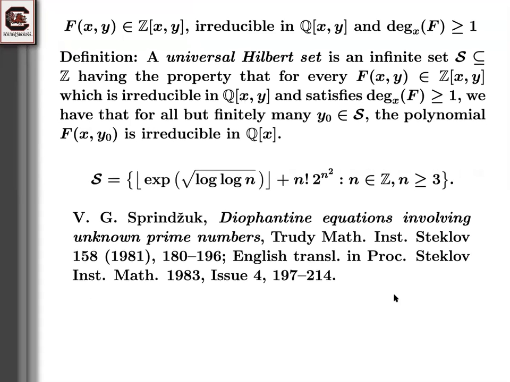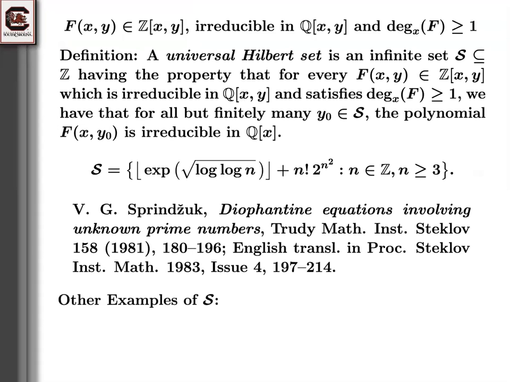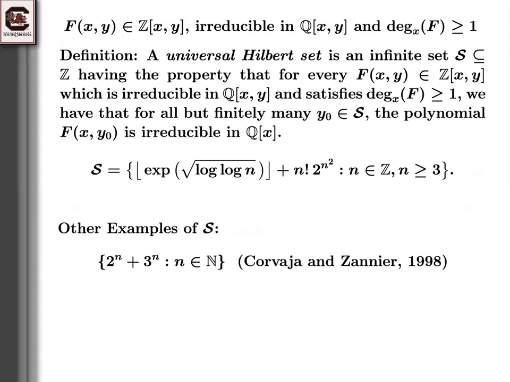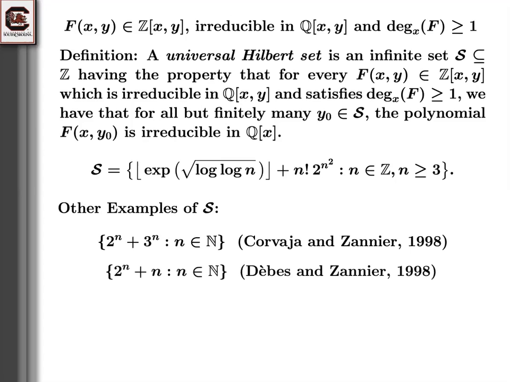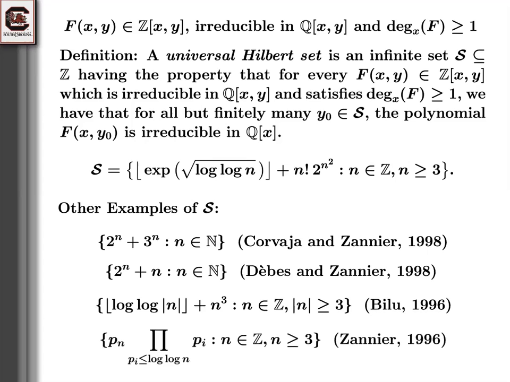Some other perhaps nicer examples came along. So this is one by Corvalle and Zannier, Debs and Zannier, Bilu, and Zannier. Notice I did not put these in chronological order. This was the oldest, these were more recent, and then this was the next oldest down here. But what I did was to put these in order of how many things are in these sets.